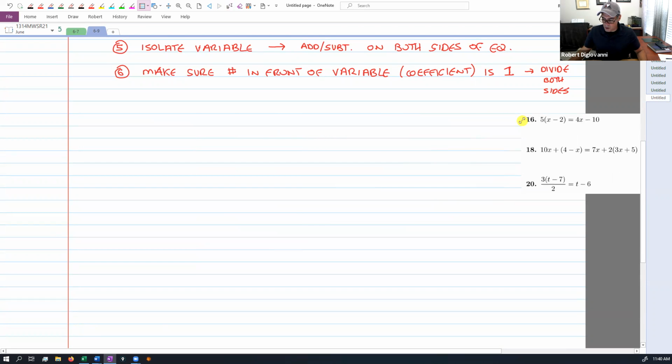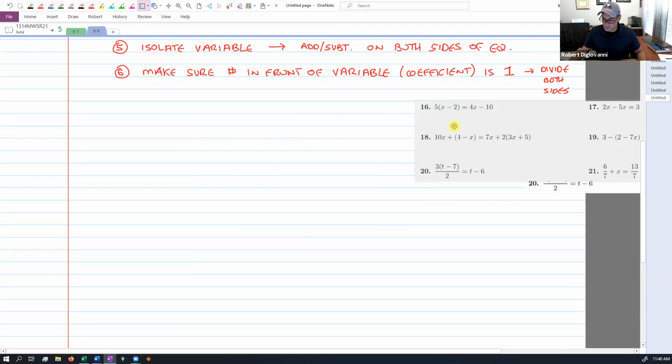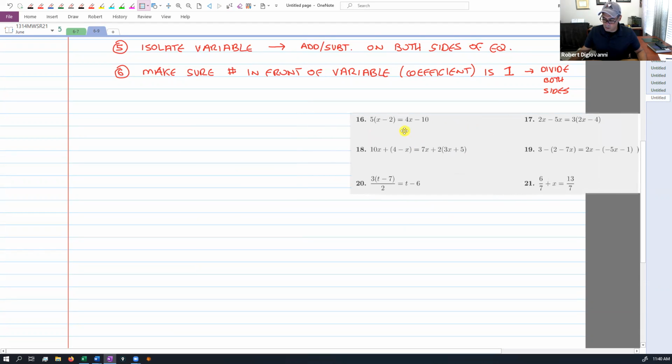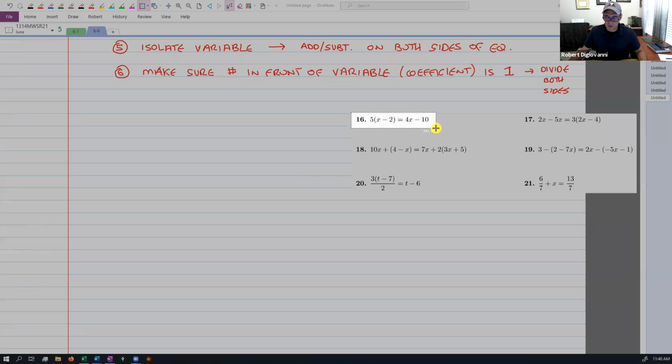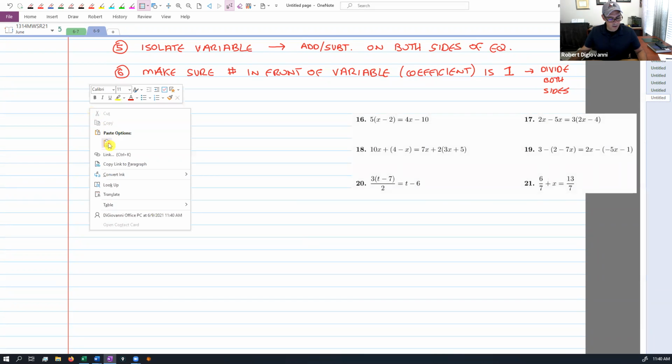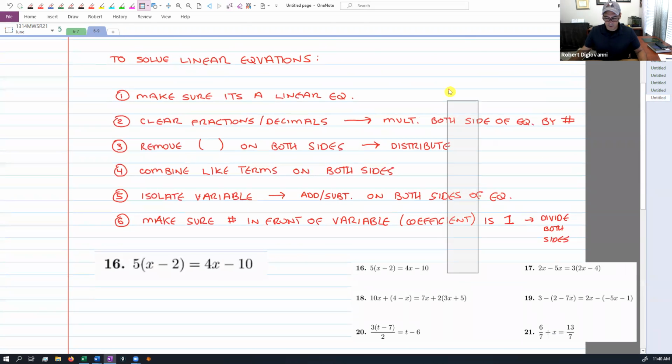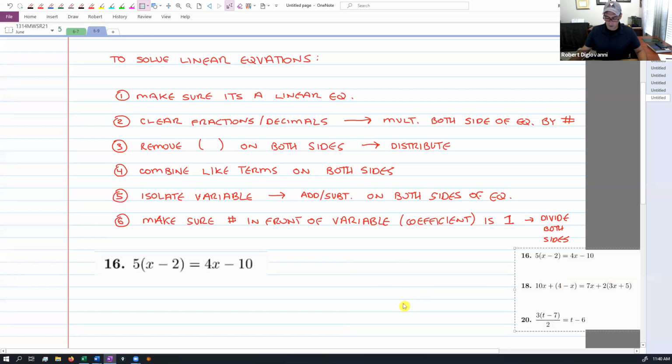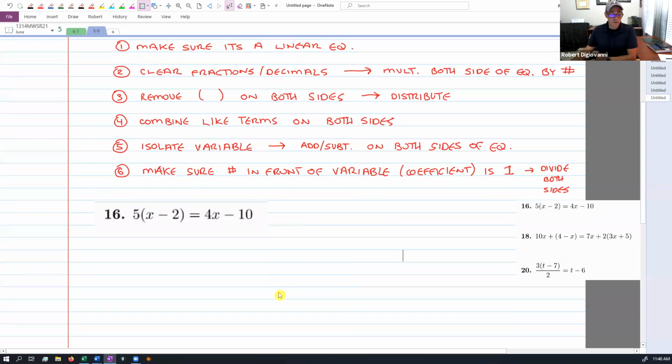I'm going to make them real small over here so I can grab them one by one. All right, so let's take a look at number 16 here. I'm going to try and solve this linear equation.